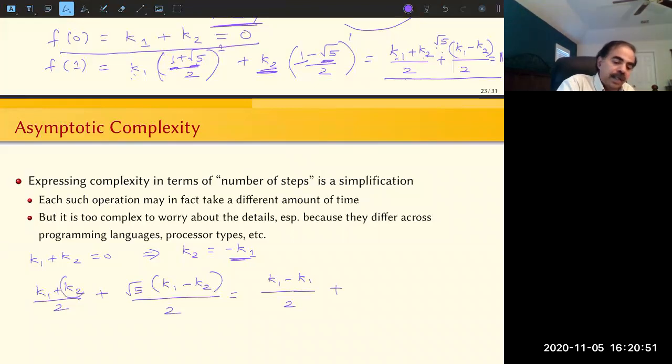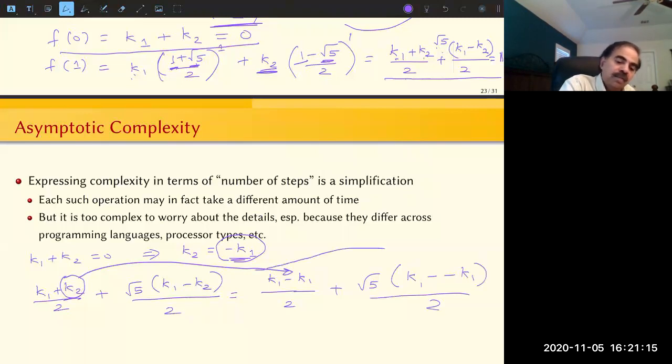Right? So k2 has to be substituted by minus k1. That's what we have done here. K2 has been substituted with minus k1. Similarly, on the second term, we are going to do square root 1 times k1 minus k1 by 2.